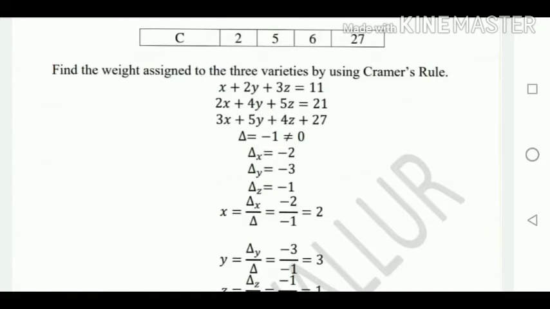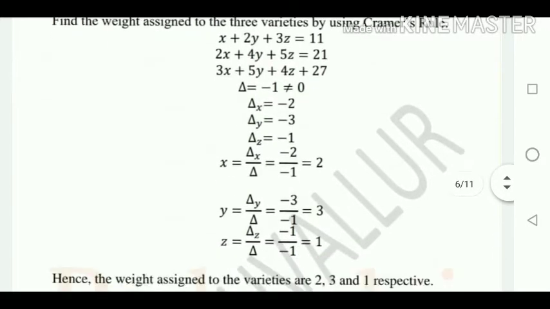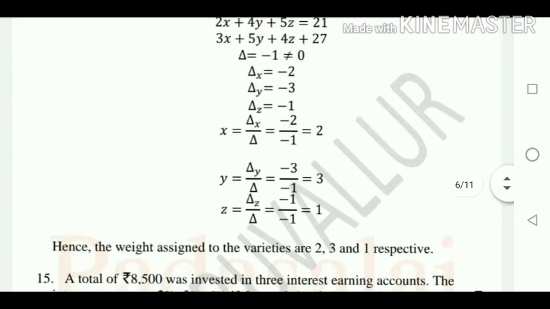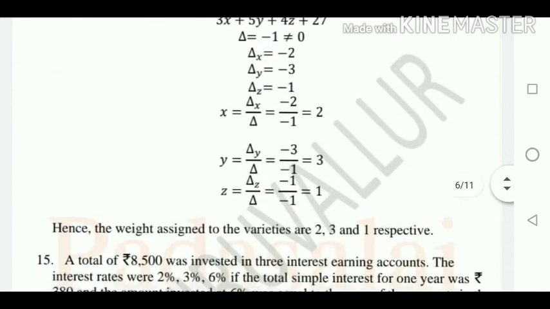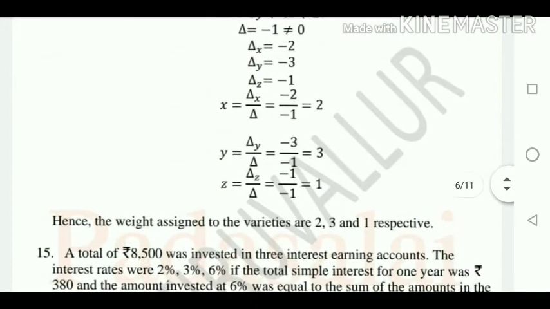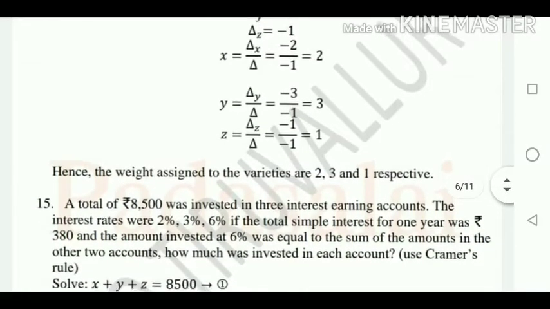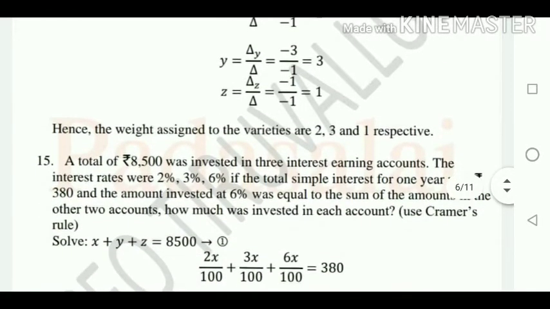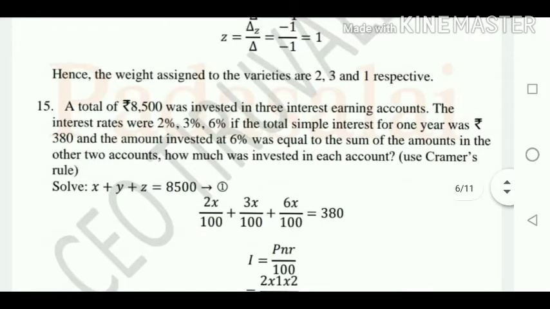For this, you find the value of delta equal to minus 1, then find delta x, delta y and delta z. Delta x equal to minus 2, delta y equal to minus 3, and delta z equal to minus 1. The value of x equal to delta x by delta, that is minus 2 by minus 1, you are getting x equal to 2, y equal to 3 and z equal to 1. Hence the weights assigned to the varieties are 2, 3, 1 respectively.